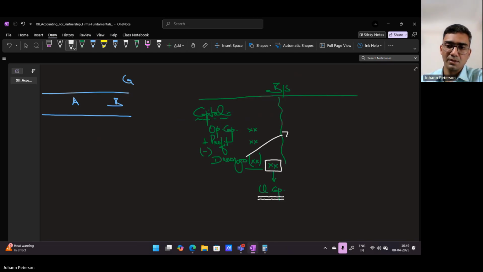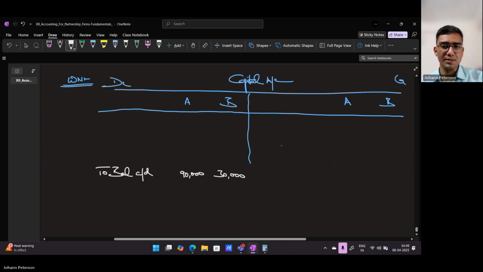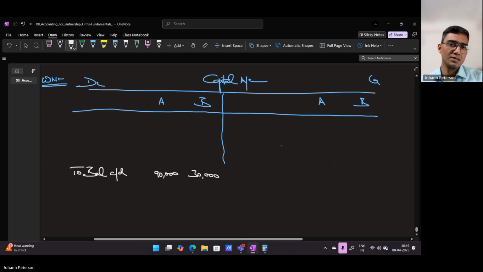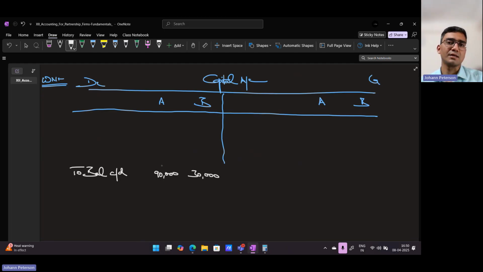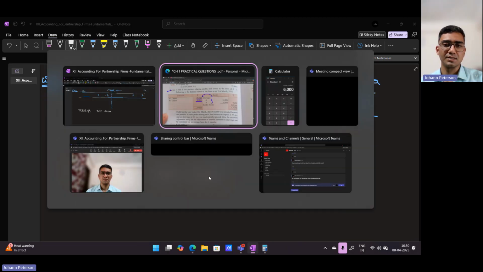We are not concerned with whatever is written on the asset side in this case, for this particular question. So when we are solving this, we come back to the solution. Out of our balance sheet, the only amount which we are going to take over here is the closing balance of that capital. So we have written it as 90,000 and 30,000.